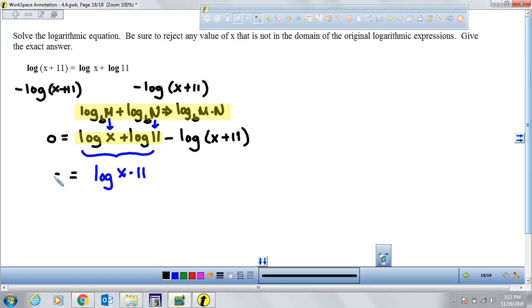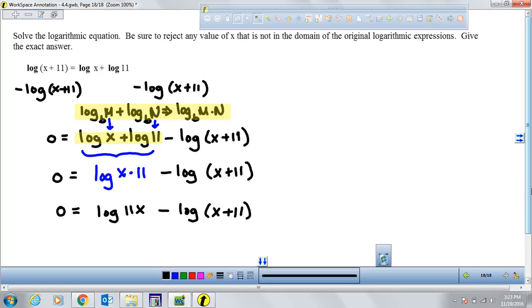Then I'm going to write everything else. I'm going to rewrite that because log of x times 11 is the same as log of 11x.